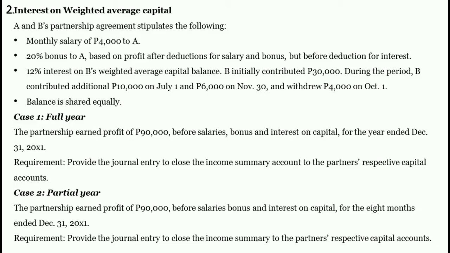Case 2, partial year. The partnership earned profit of 90,000 pesos before salaries, bonus, and interest on capital for the 8 months ended December 31, 20x1. Requirement: provide the journal entry to close the income summary to the partners' respective capital accounts.